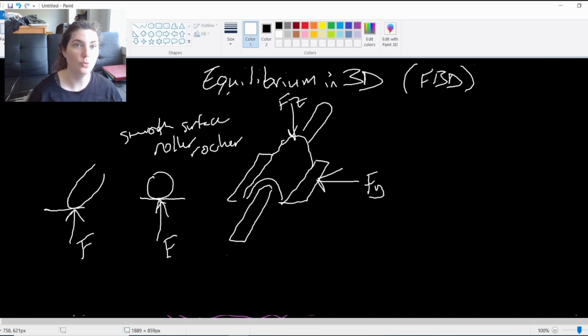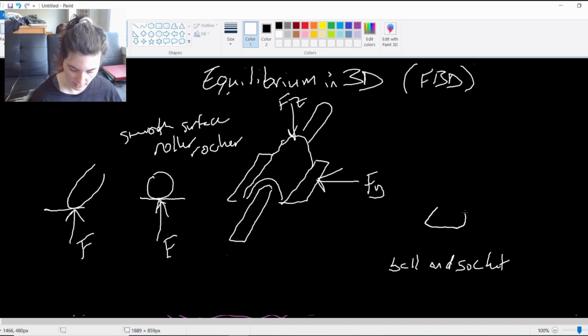Now the main new one that you're going to encounter is a ball and socket. A ball and socket usually looks something like some support with a ball in it, right? So there's some little cup that's supporting a ball that is attached to a rod or something like that.